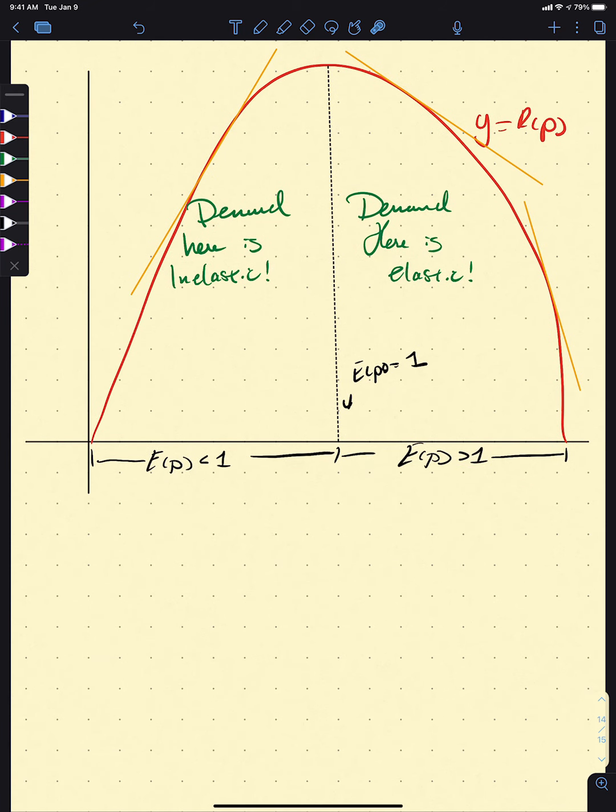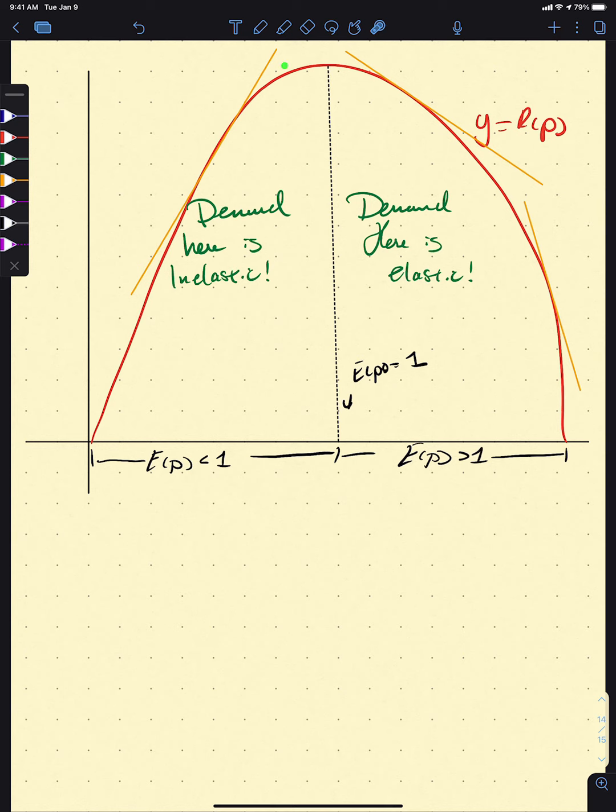Whereas here, a small increase in price results in a decrease in revenue, and a small decrease in price produces an increase in revenue. When demand is elastic, there's this inverse relationship. When demand is inelastic, there's not. They move in the same direction.